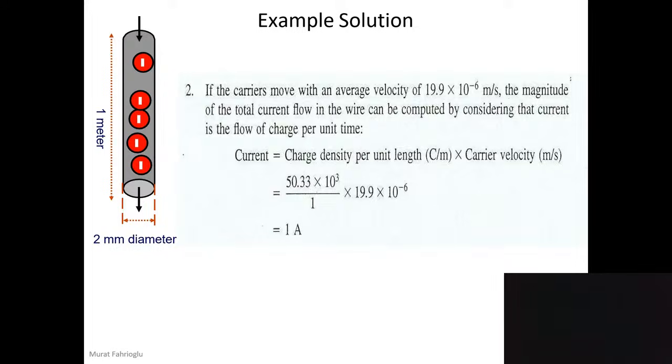The charge we found is 50.33 into 10 raised to 3, divided by 1, into the carrier velocity, 19.9 into 10 raised to minus 6. So we get the answer approximately 1 ampere.